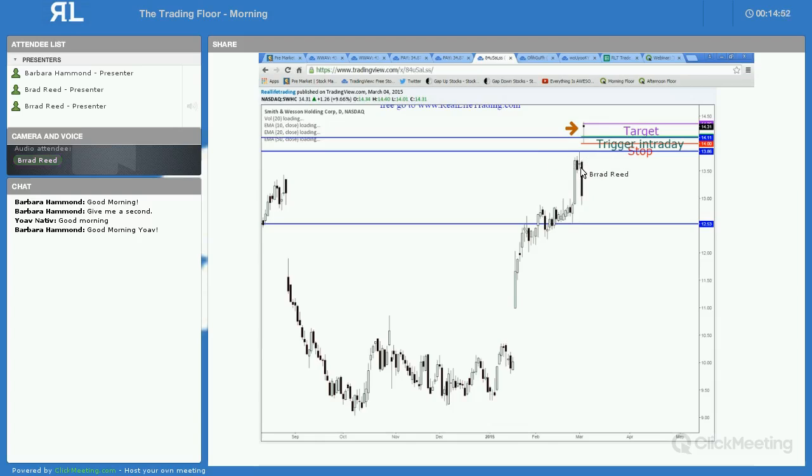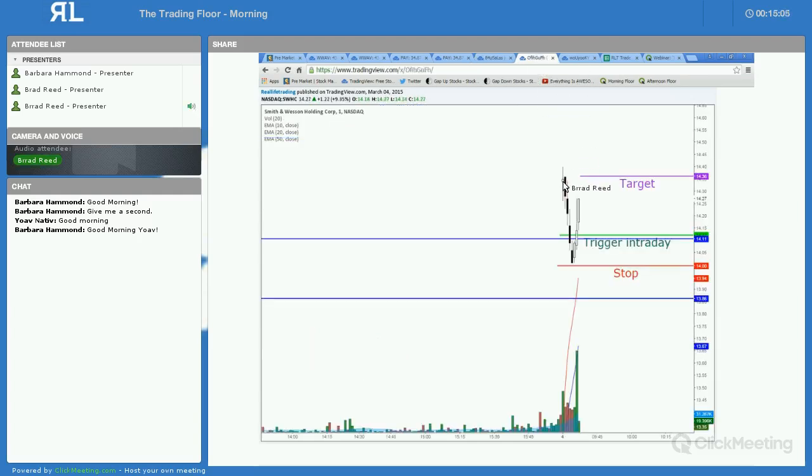At any rate, we're looking at Smith & Wesson, ticker SWHC, and this gap was on March 4th. You can see the previous day was bearish and it's gapping up. So again, that is a gap and go. If you look at the 1 minute chart, the high here is about 14.43 and the low of the first 2 minutes was about 14.23.